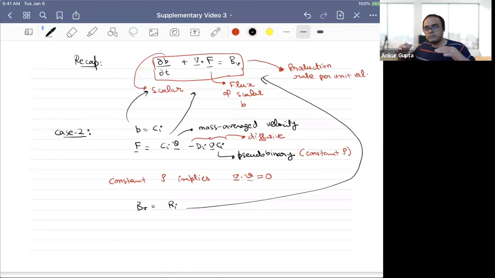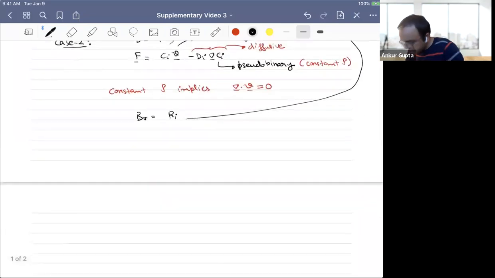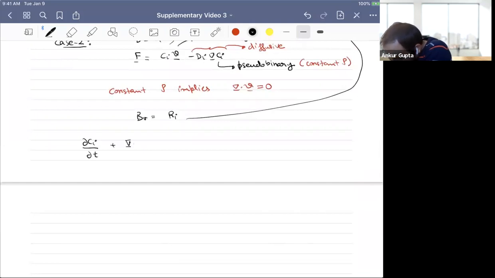And then I will derive the final equation by following some of the steps, okay, which I had skipped over in the lecture. So let's substitute them back. What we will get is del Ci by del t plus del dot (CiV minus Di grad Ci) is equal to BV, okay?